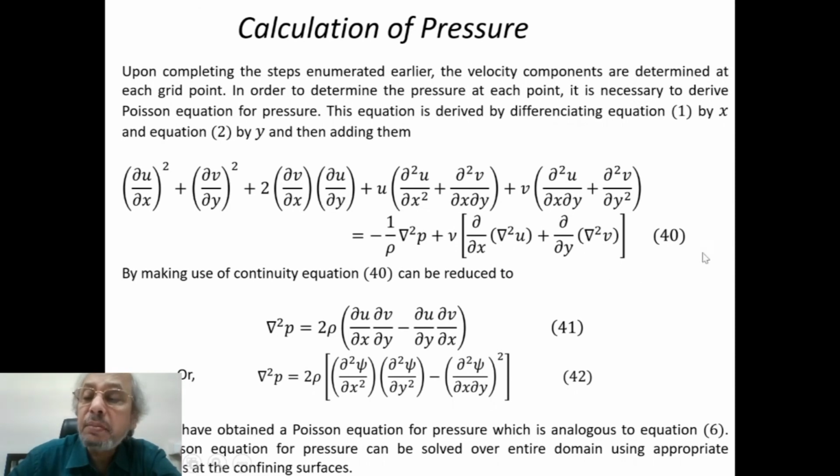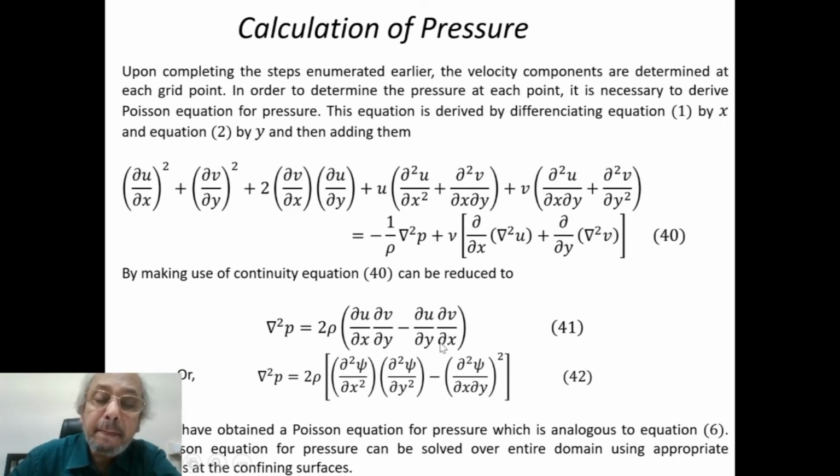We have given this a number, 40. So by making use of the continuity equation, you can substitute it appropriately, and you will see a massive reduction of the terms, and you will get del square p equal to twice rho into, within brackets, del u/del x into del v/del y minus del u/del y into del v/del x.